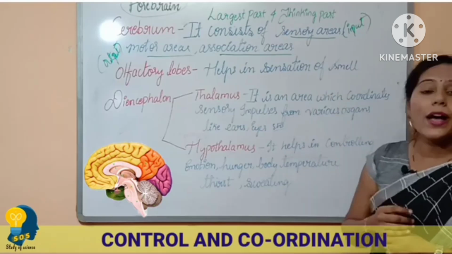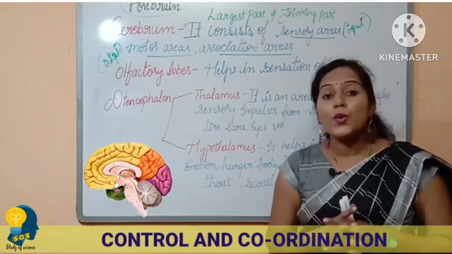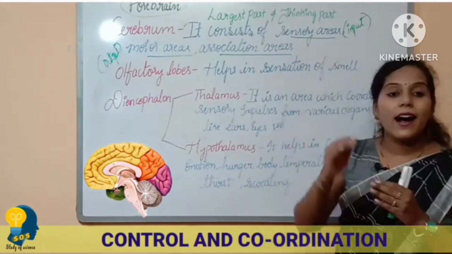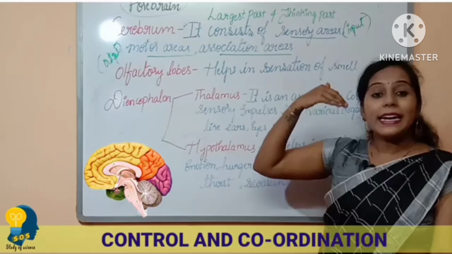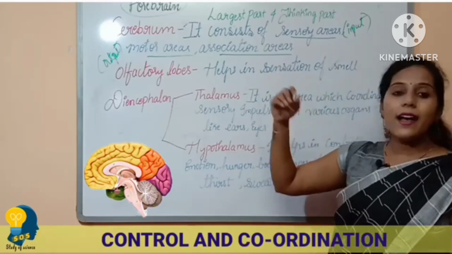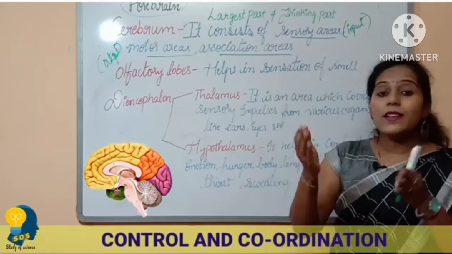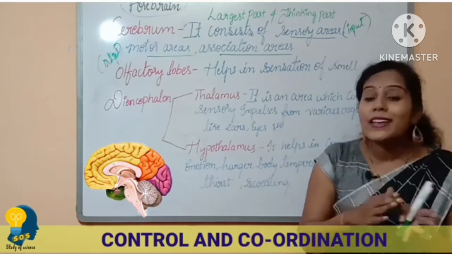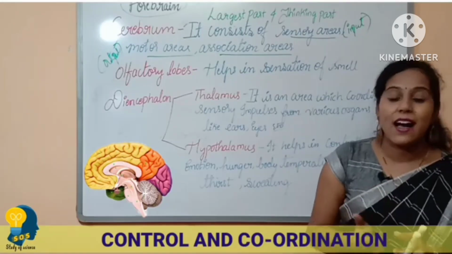Now coming to association areas. What do association areas do? As I told you, sensory areas sense, and input is taken inside, while motor areas send the output. This input and output is associated by the association areas.